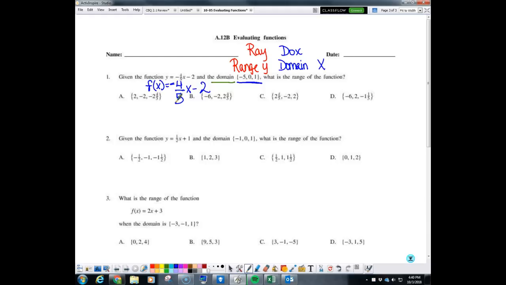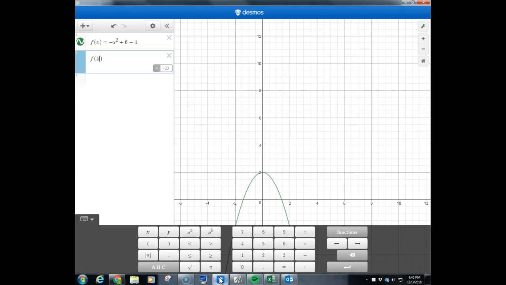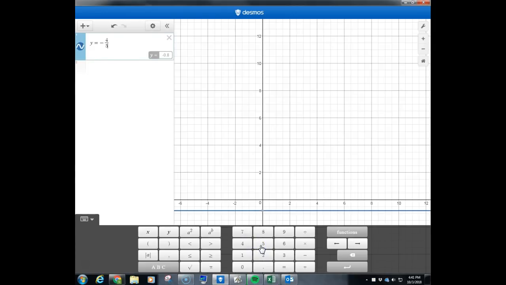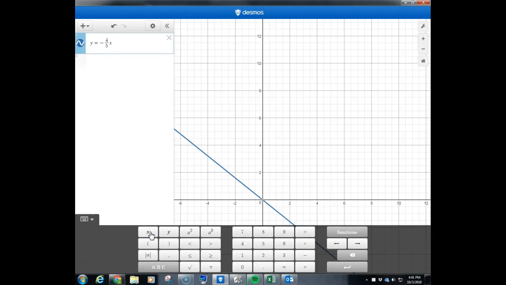You're going to go to Desmos and type that in: negative 4 divided by 5, go off to the side, x minus 2.